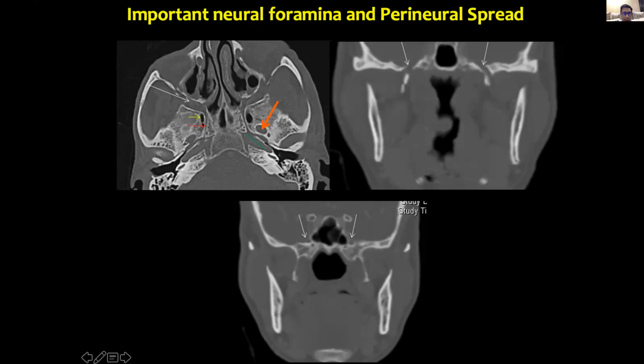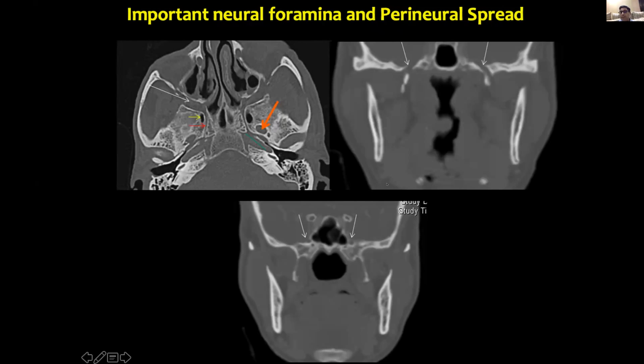The Vidian canal is the medially placed one. The Vidian nerve runs through this. The Vidian nerve is the connection between the pterygopalatine ganglion and the ninth nerve. And you have the foramen lacerum through which the internal carotid artery runs.